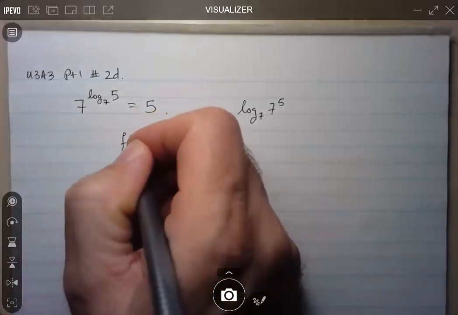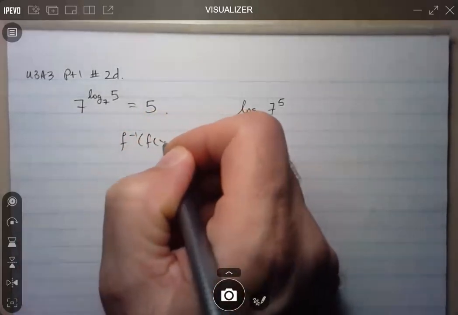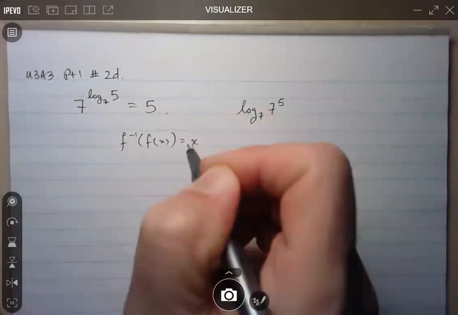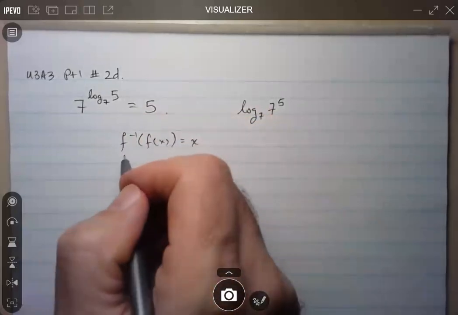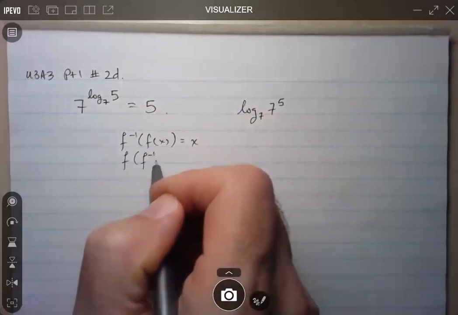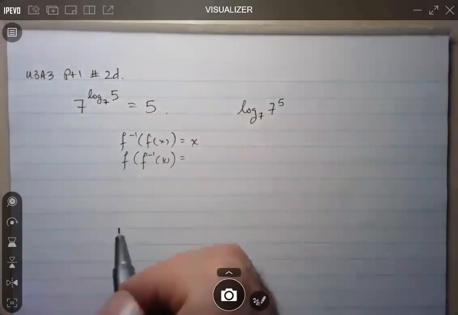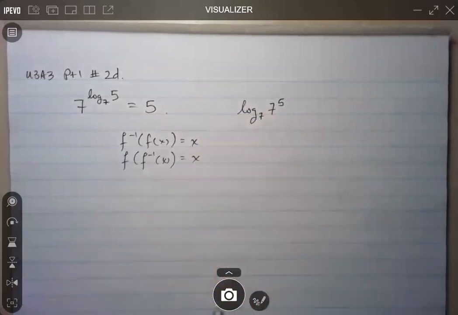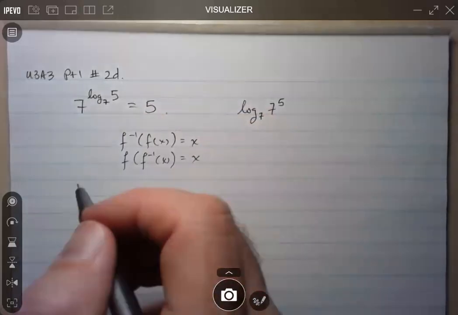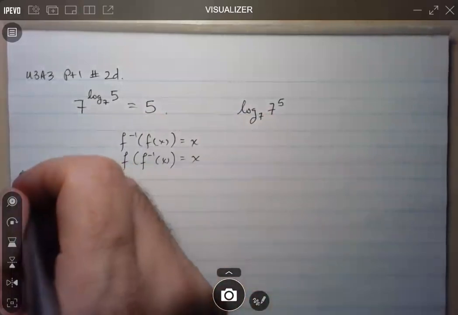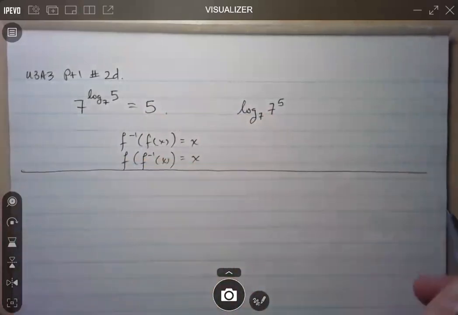Remember that we have that f inverse of f at x is equal to whatever the original input is, but it also works in the other direction. If you apply the inverse first, followed by the original function, you still get the output. So if there are no questions on this, let's move on.